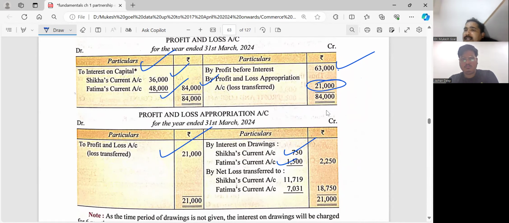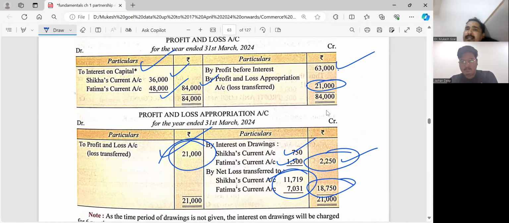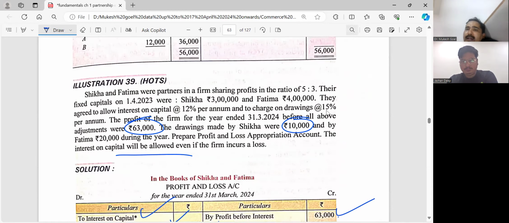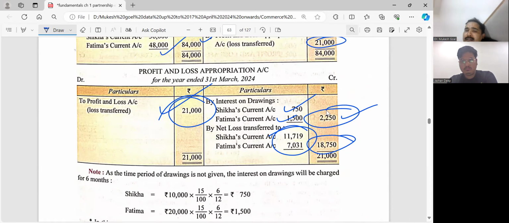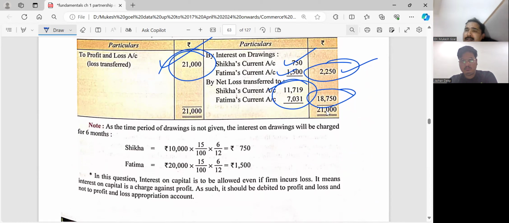You will calculate easily. That is 2,250. Loss is 21,000 minus 2,250, remaining 18,750, we will divide in their profit sharing ratio 5:3. Because the date is not given, interest will be charged for 6 months.